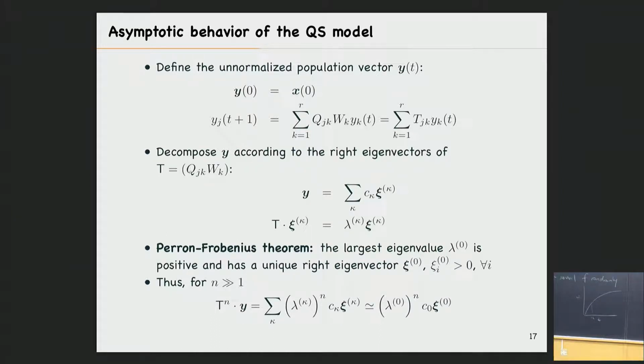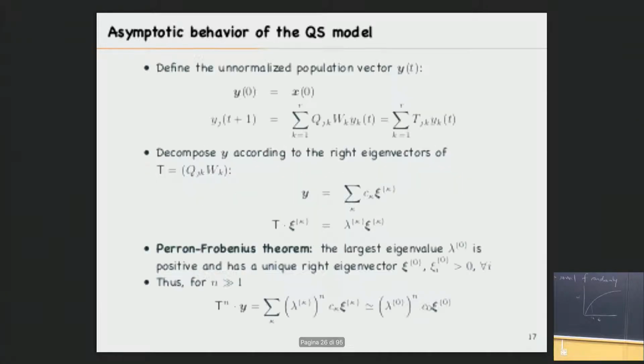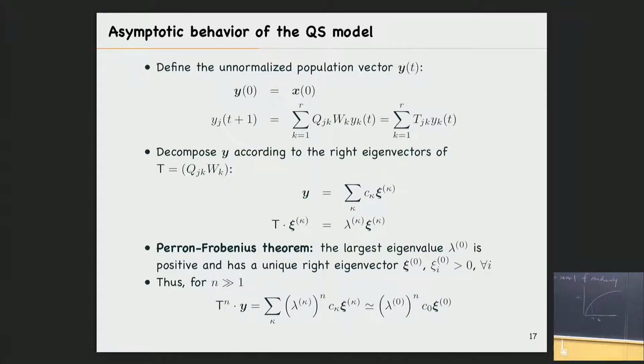Well, the easy thing is to get rid of this factor here. We just define y, which is proportional to x. So y is an unnormalized frequency vector. And then you have a very simple linear iteration equation like that, in which you can see that these entries are all non-negative.